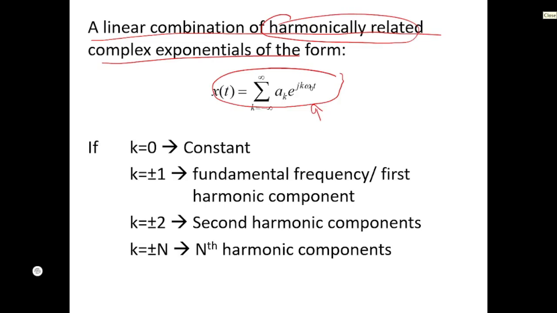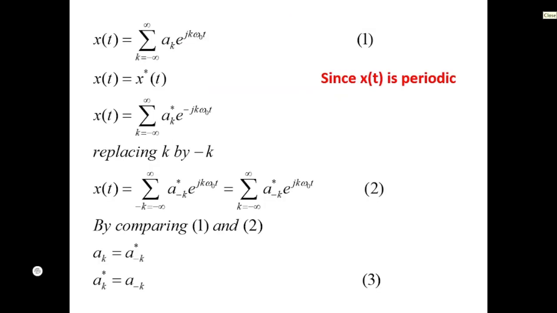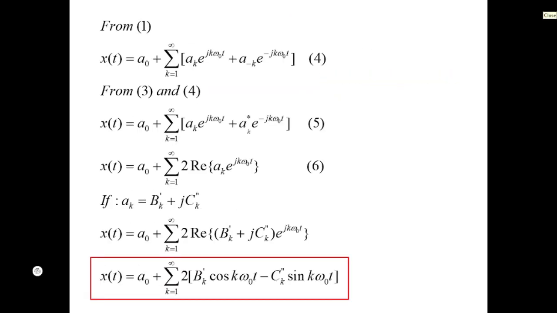So 50 hertz becomes the primary or fundamental frequency, and when we multiply that fundamental frequency by 2, 3, 4, we get the harmonic components of that fundamental frequency.